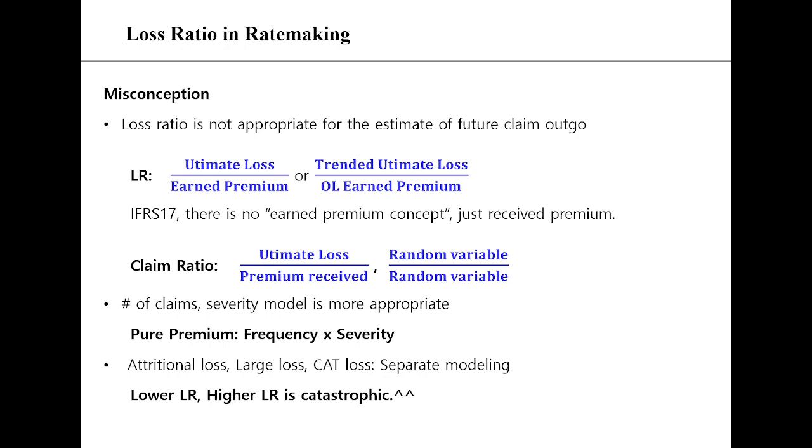So that's why loss ratio is one of the key statistics or indexes under the current IFRS 4. But for IFRS 17, I wouldn't use it, because of everything I have already explained. Instead, use the pure premium, loss cost or burning cost approach, based on the number of claims or frequency and the ultimate loss amount, and all the developed paid losses for each future development period.